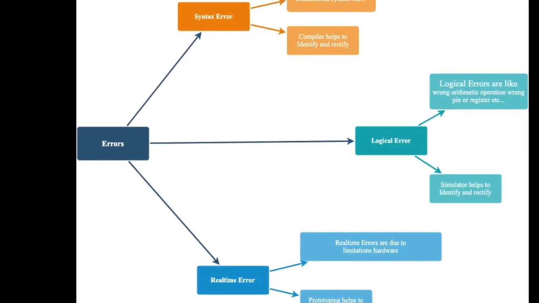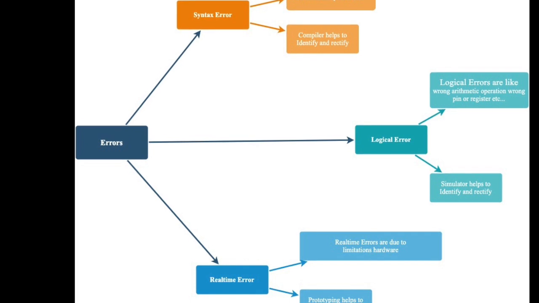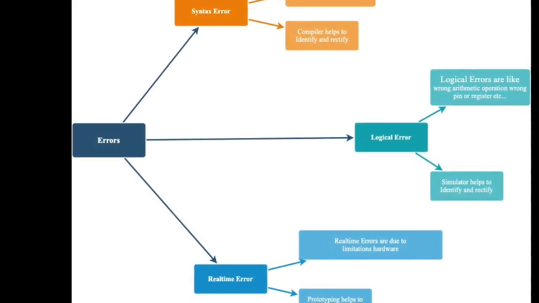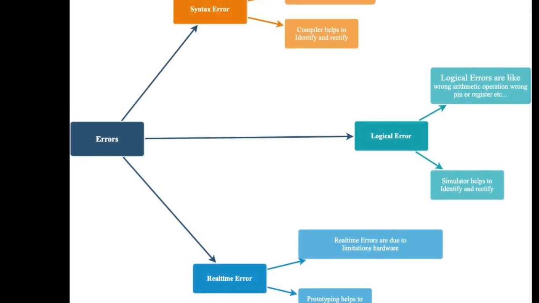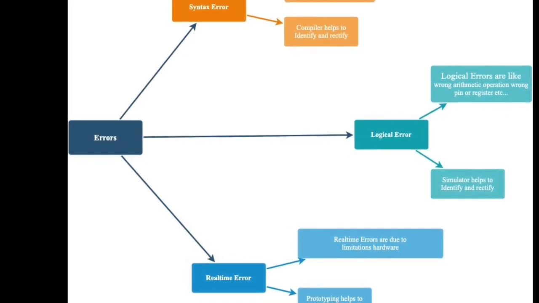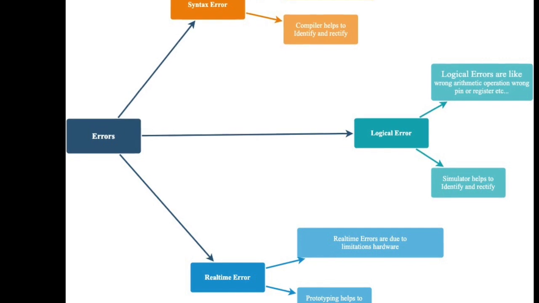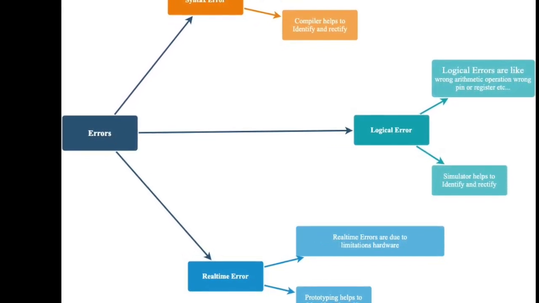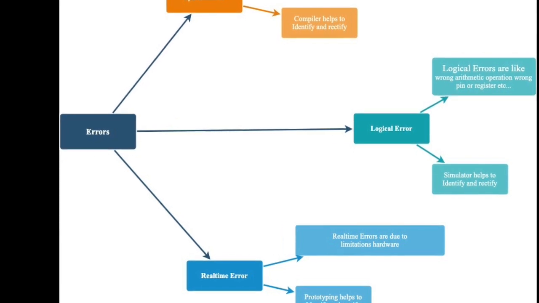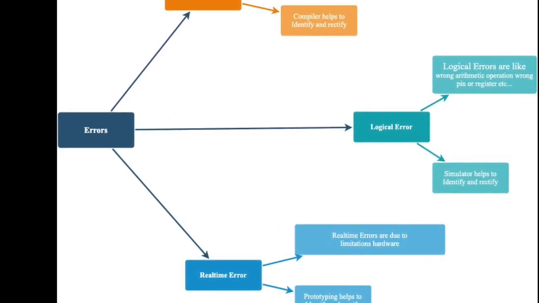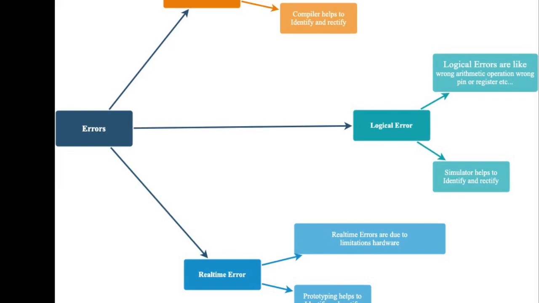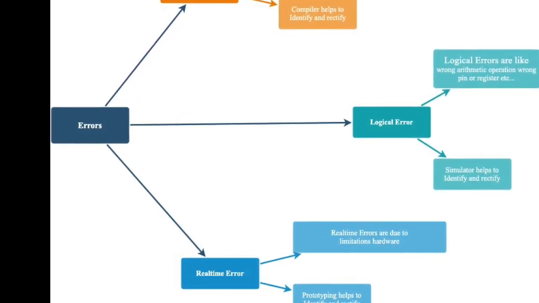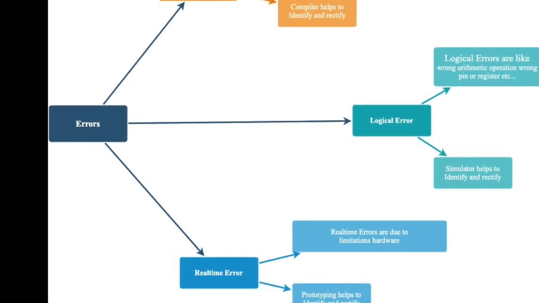It's even like if we have not defined any variable and we are using it in the program, then it will show it as undefined symbol. This kind of errors are called syntax errors, and they can be identified and rectified by the compiler, or by building the source code.